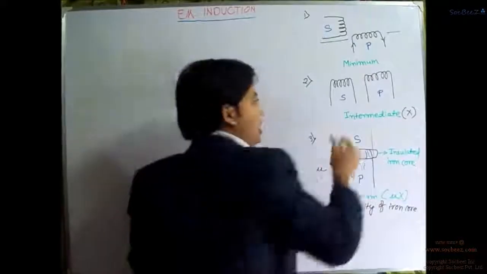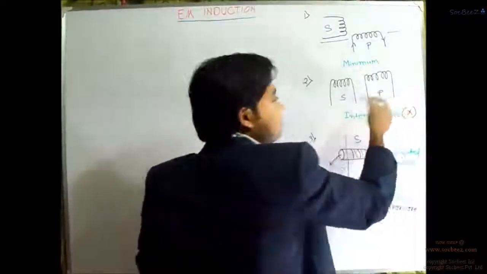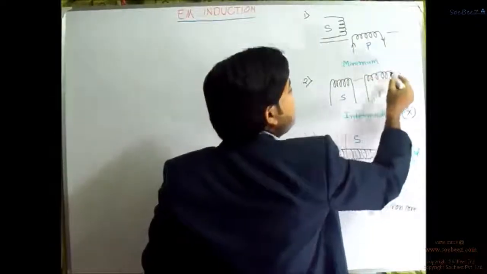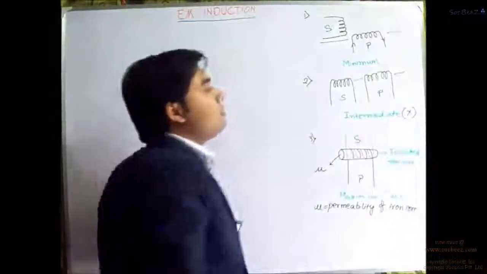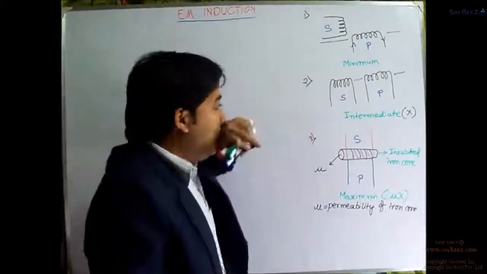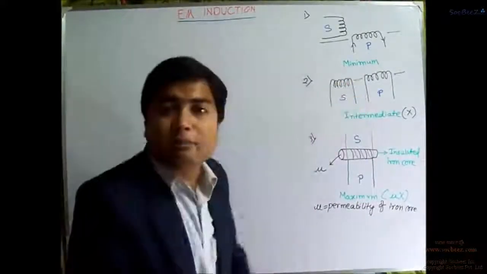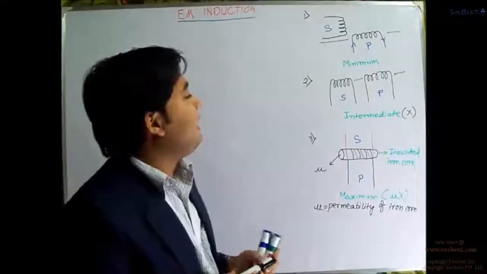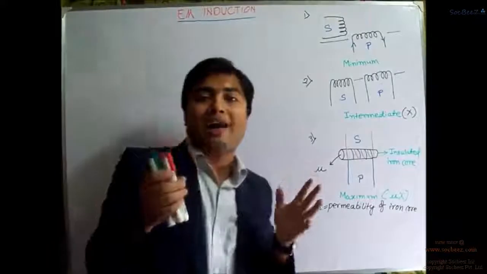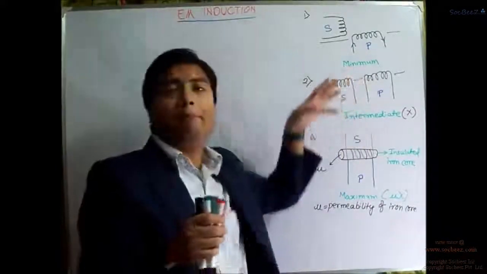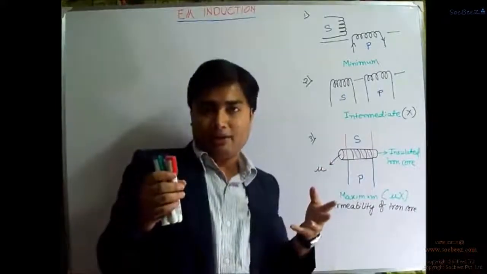Applying the same logic, the B of the primary coil will go either in this direction or in this direction, and if the secondary coil is parallel, it will directly trap this B. So it will get the maximum phi, because phi equals the dot product of B and the area vector.